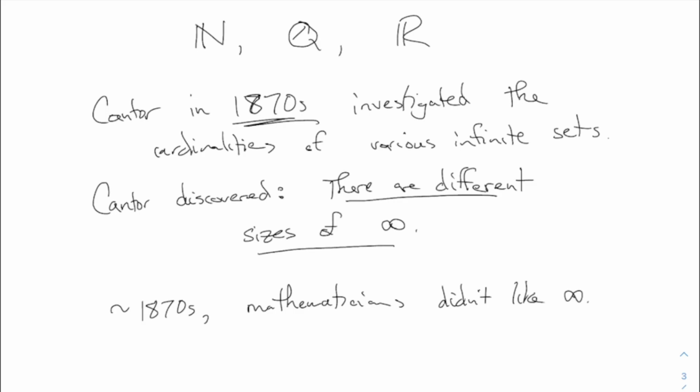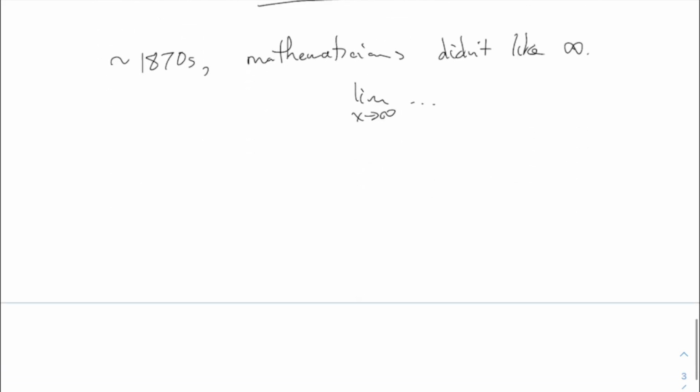They would have said that infinity is an abstract concept, like when you say limit as x goes to infinity, they would write that down, but they would be very forcefully saying that infinity is not a number, which we still do say.